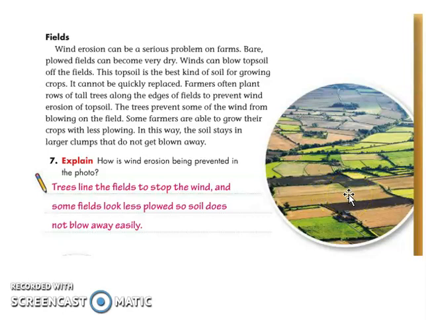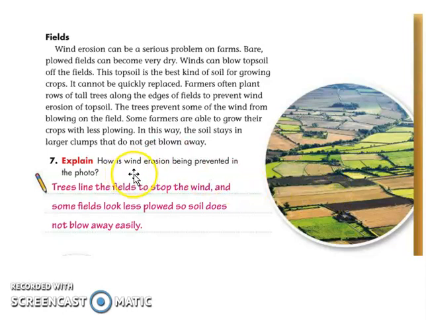So what does the farmer do? They plant trees along the edges of the farm so that dust will not cover it. Sometimes they try to plow it so that it will not be hard. At the same time, it will not be covered entirely by the dust.